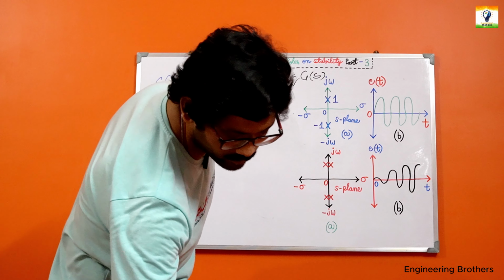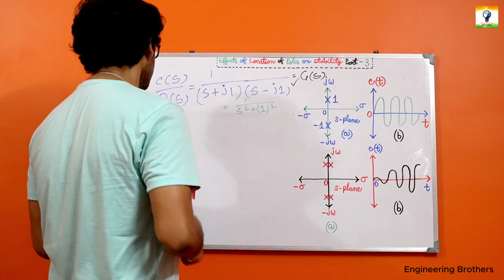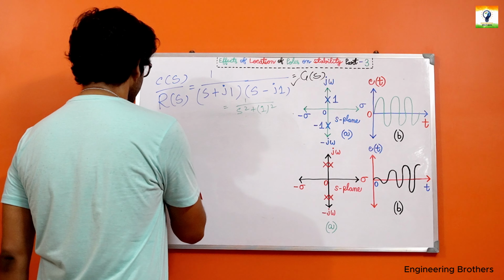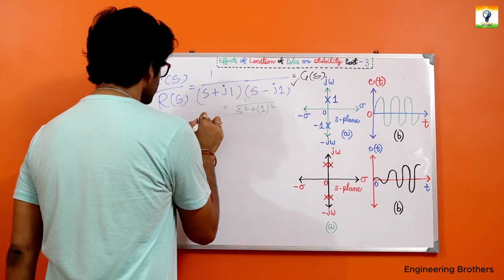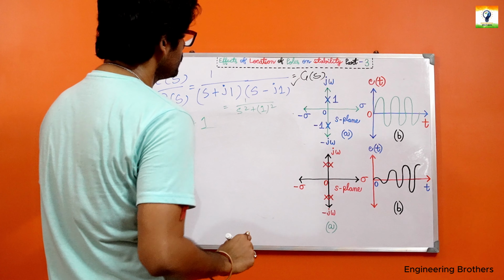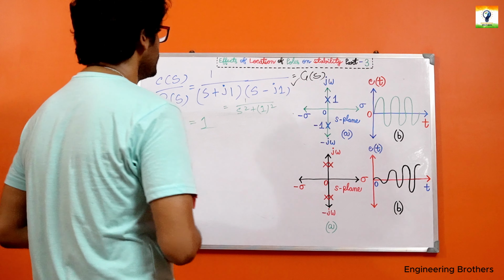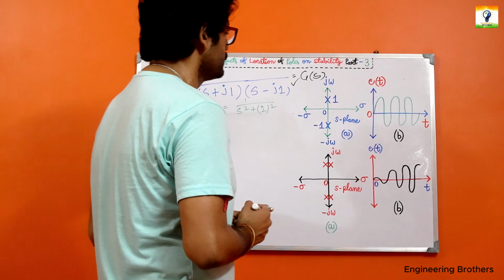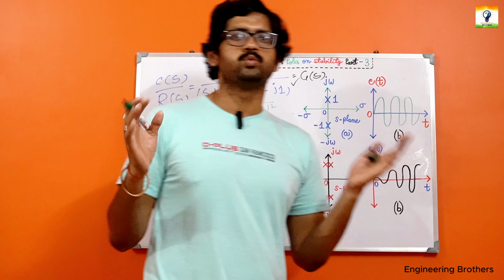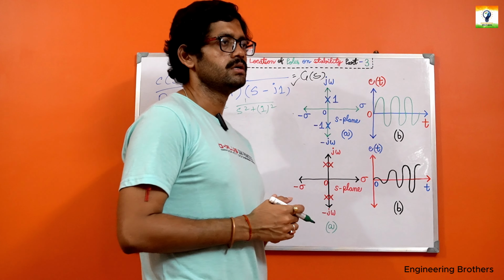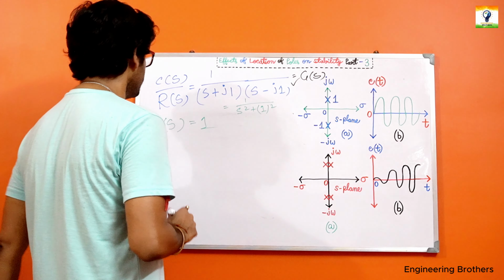But before we go into that, once again we do require to apply the impulse response over here, which is R(s) = 1. For this type of analysis, for the effect of our poles on the stability, we do require to put the impulse response over there. That will be constant for all those systems.